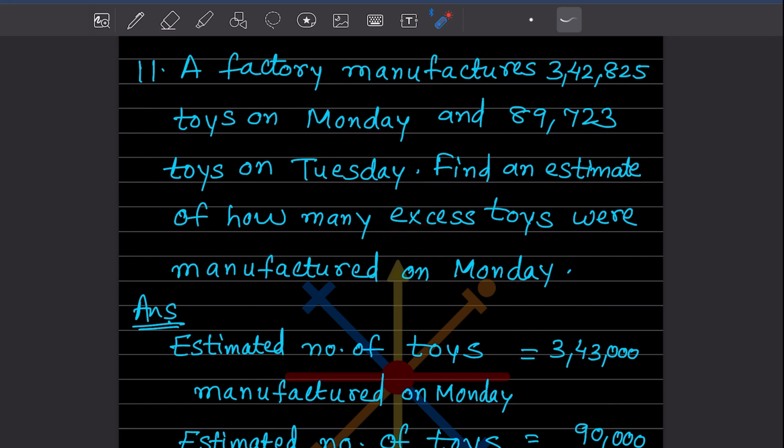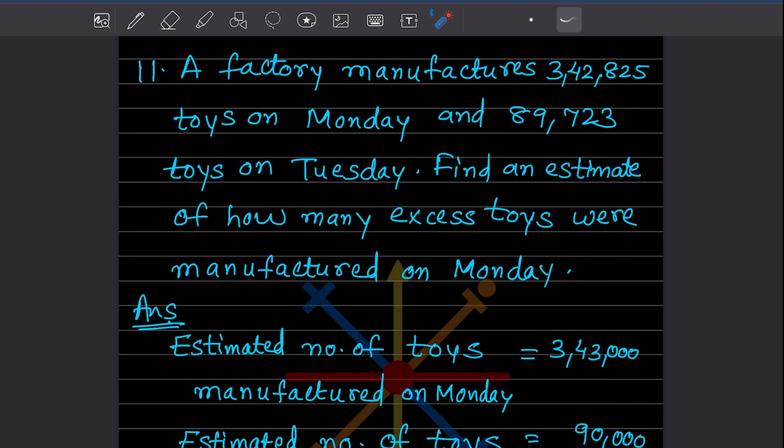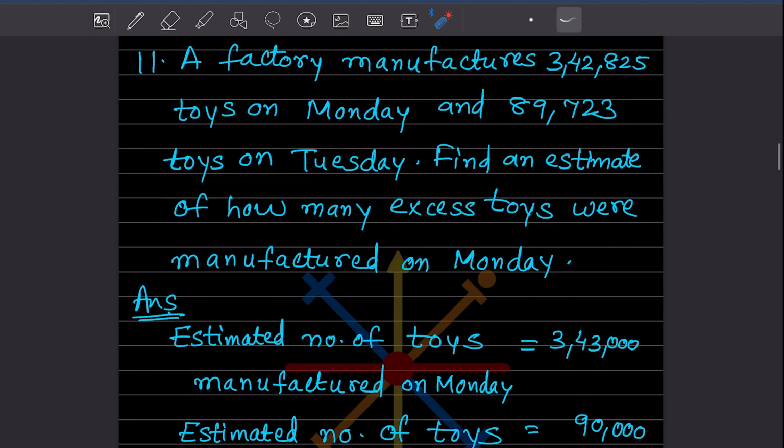So estimated number of toys manufactured on Monday. So now this rounding for this one, 3,42,825 becomes 3,43,000. Okay, this is the rounding for this one. And for this one, 89,723 becomes 90,000. They asked for the excess toys manufactured on Monday.